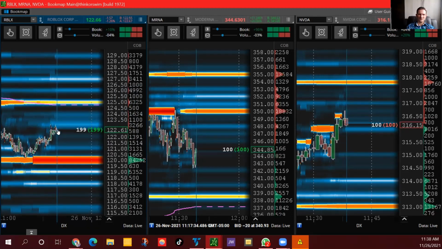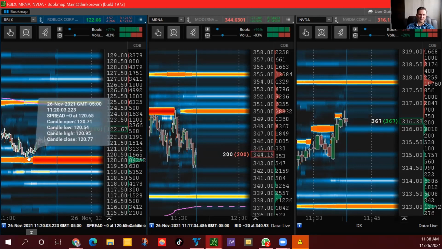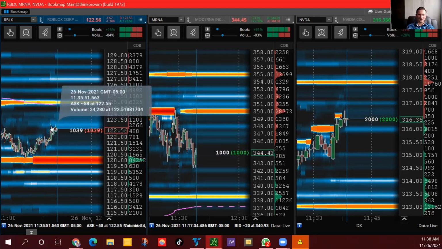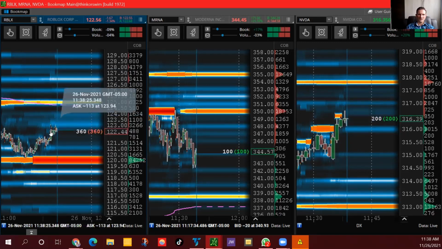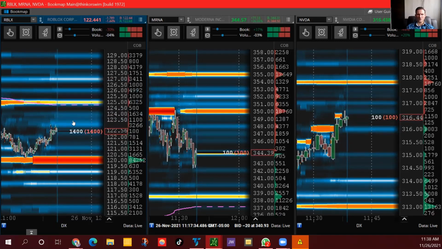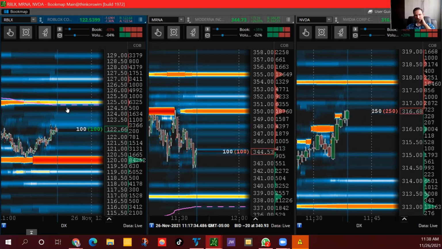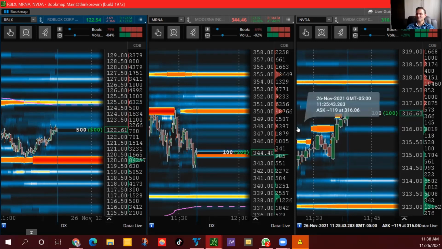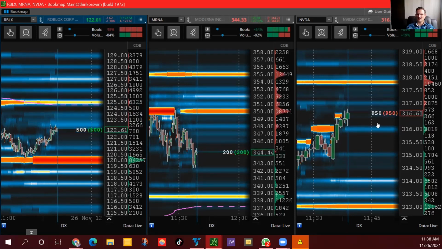Yep, take half here. Let's just say hypothetically I was in at the 320 liquidity. I'm taking half here at 322, or three quarters of the position, and I'll hold a quarter, maybe a little bit more, for a push to the VWAP if SPY can hold. If SPY starts dumping, then take it, because it's going back to the 120 liquidity.